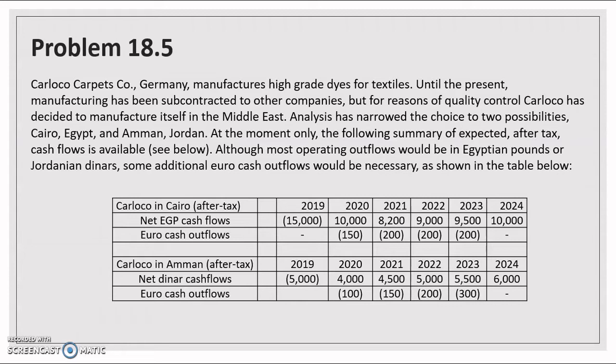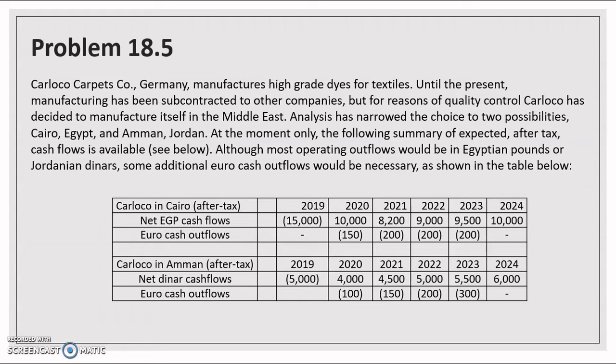So Carloco Carpets, Germany manufactures high-grade textiles, and until very recently, they used to subcontract to other companies because they wanted to ensure that quality was maintained, and they wanted to make sure that the manufacturing base was in the Middle East itself.